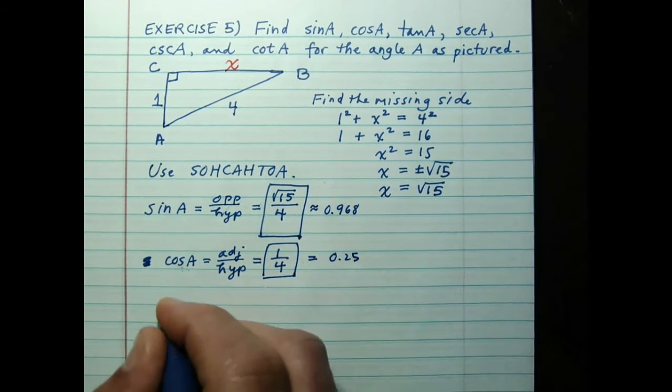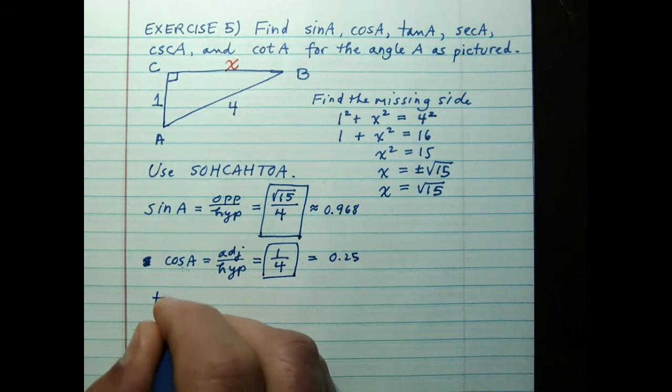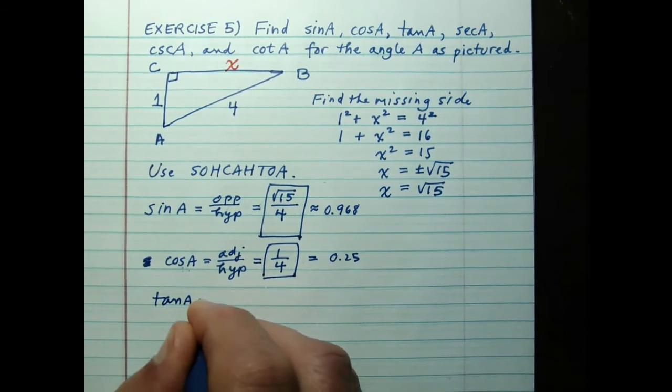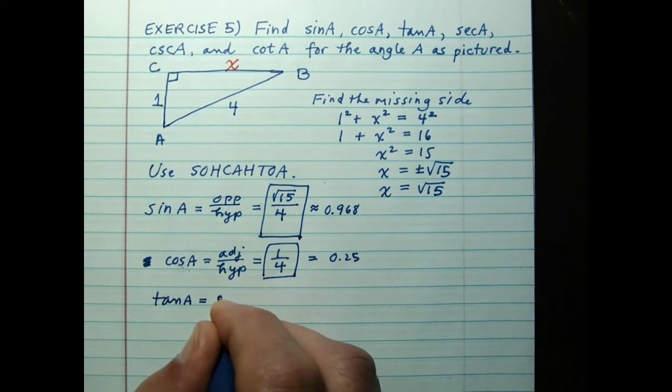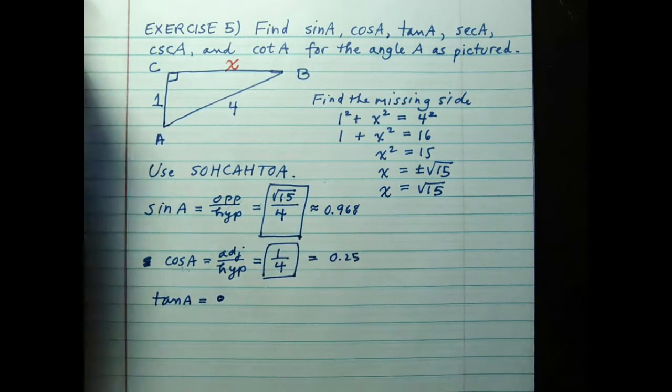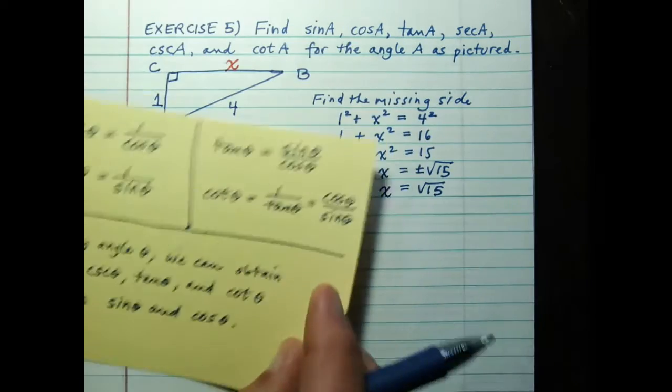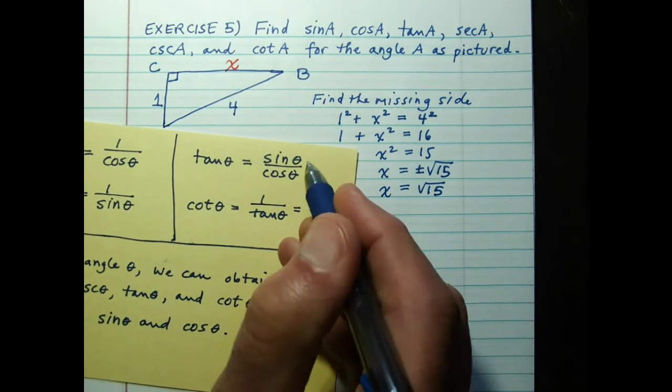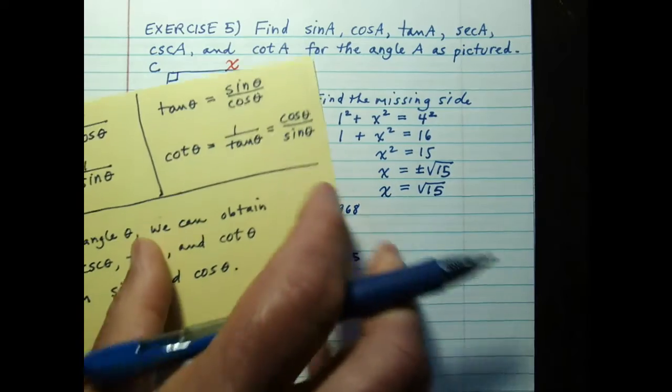It's a decimal. Tangent A is, now I could use the fact that sine over cosine is always equal to tangent. I could just divide sine by cosine. Or I could use SOHCAHTOA. So with tangent, you're going to have that choice.